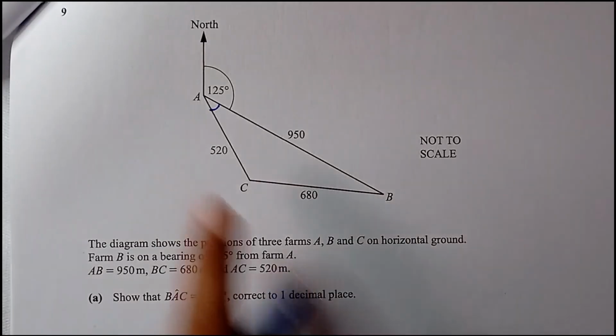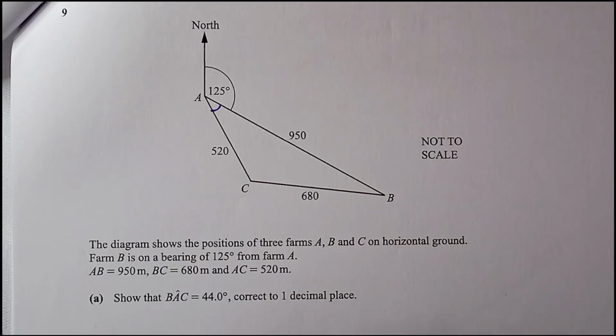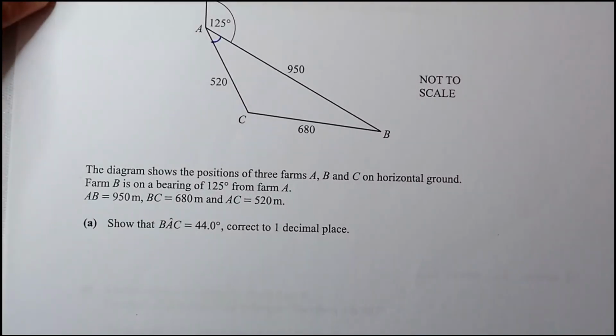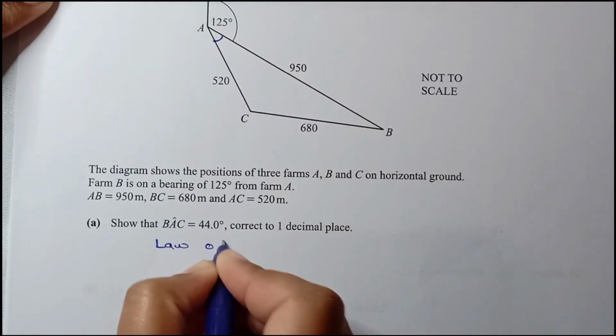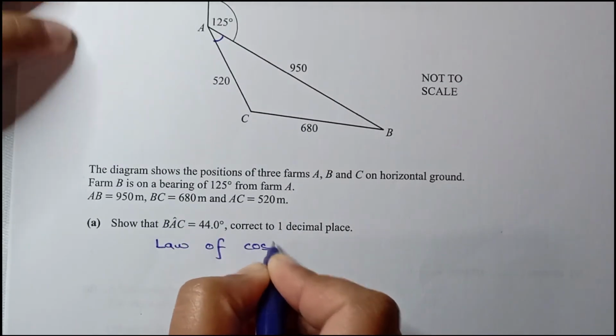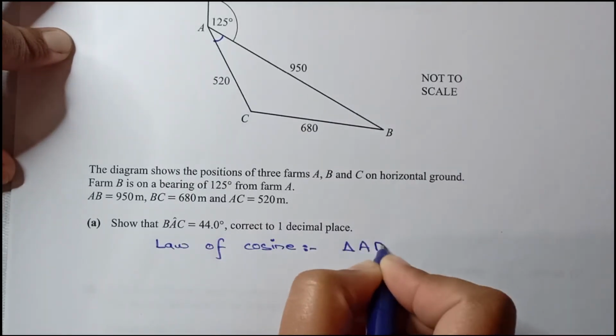If we consider the triangle ABC, all 3 sides are given, so we can find one angle. We can use the law of cosine for triangle ABC.